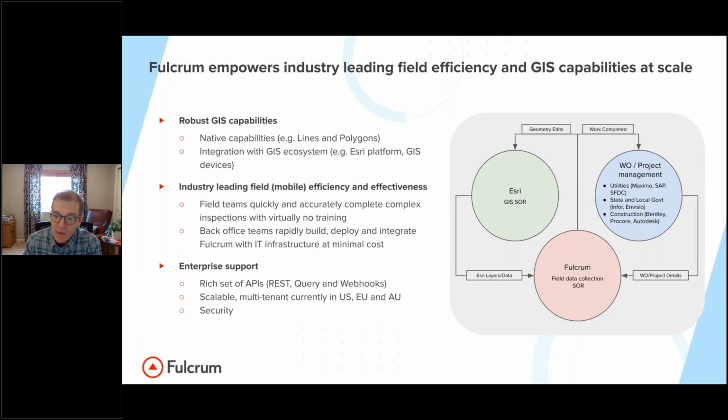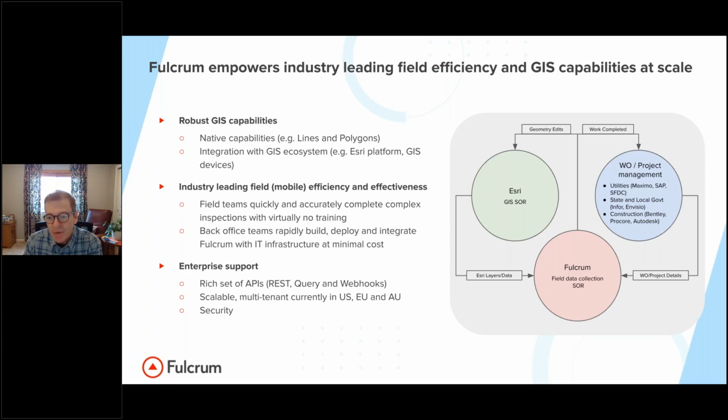We are already very strong in the mobile capability today, and we continue to invest in it because we know its importance to our customers and to the field, being able to effectively execute inspections while out in the environment and doing a lot of different activities during the day.